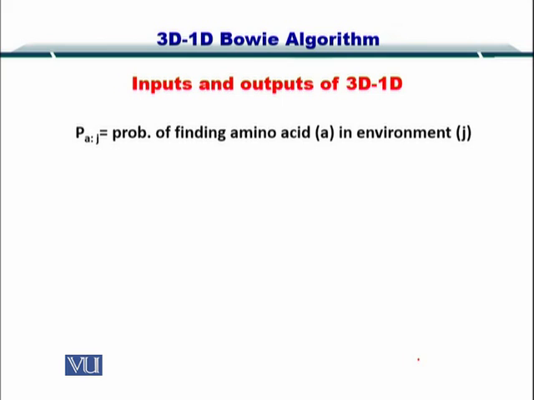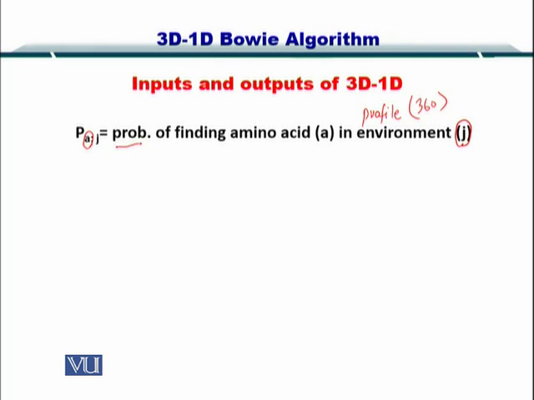So next, you calculate the probability of an amino acid A occurring in an environment J. So the profiles are also known as the environments. So in all, you had 360 different profiles for 20 amino acids and 18 different profiles per amino acid.